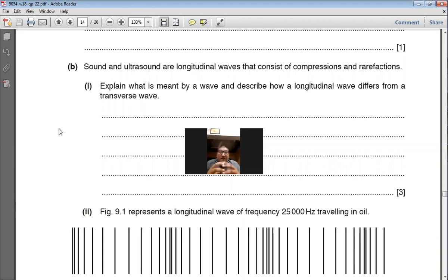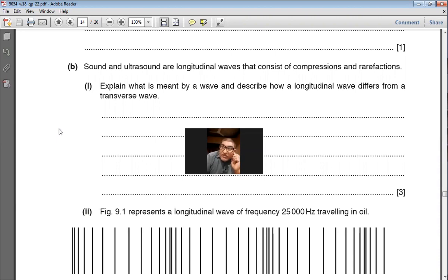You see, a wave is basically the transfer of energy in a medium from one point to another point without net movement of the particles of the medium. This is called wave motion.